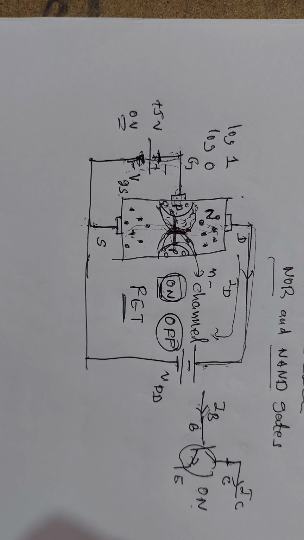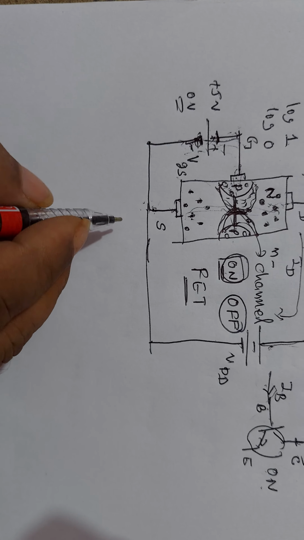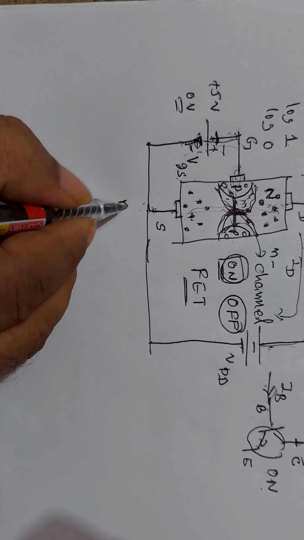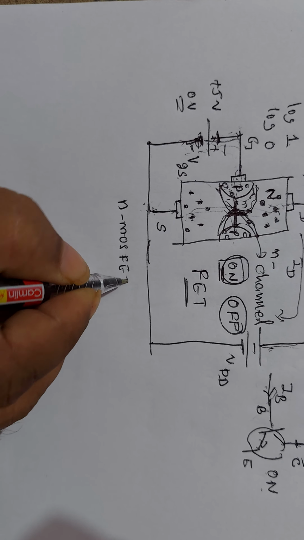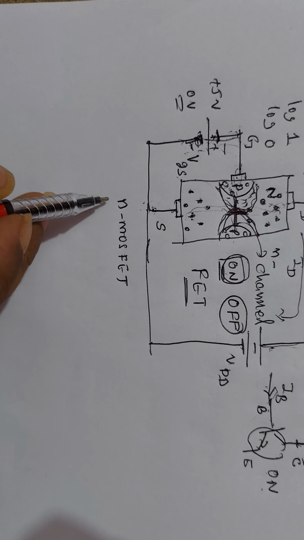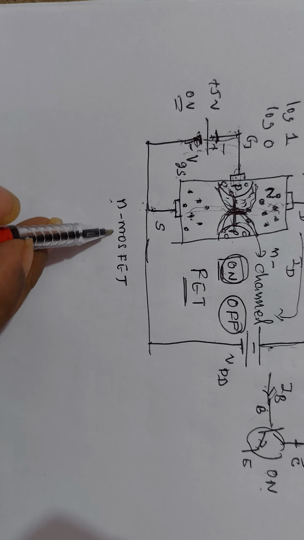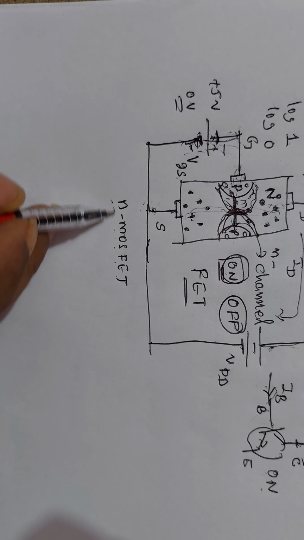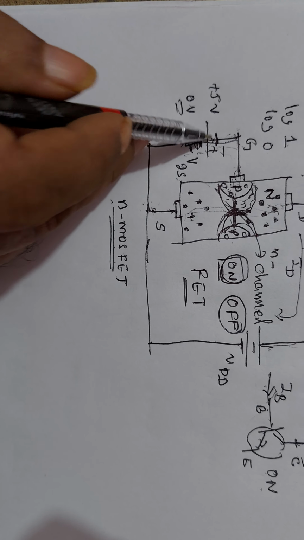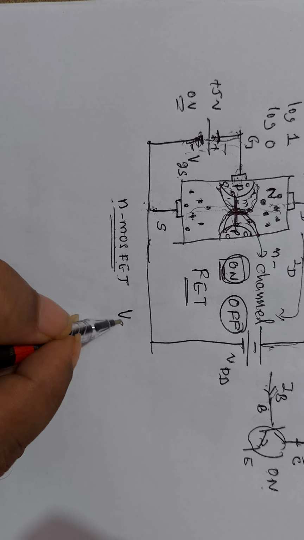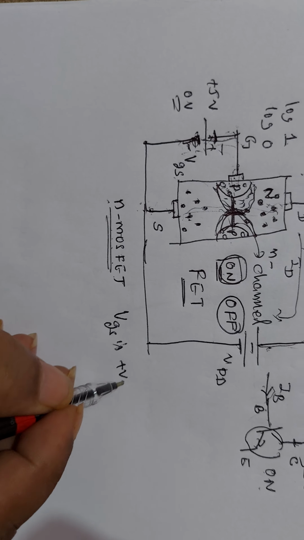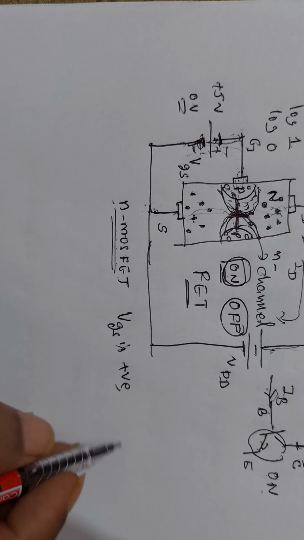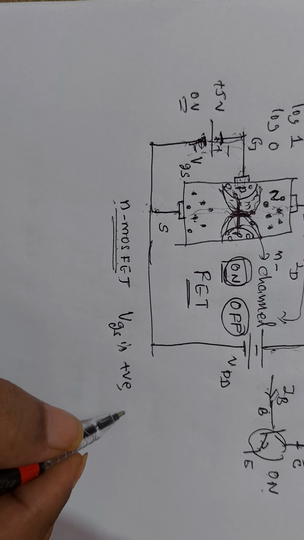So you should know this. Therefore, we summarize like this. In N-channel MOSFET, metal oxide semiconductor field effect transistor, when gate is positive, that is when VGS, gate source voltage, is positive, the transistor is on.